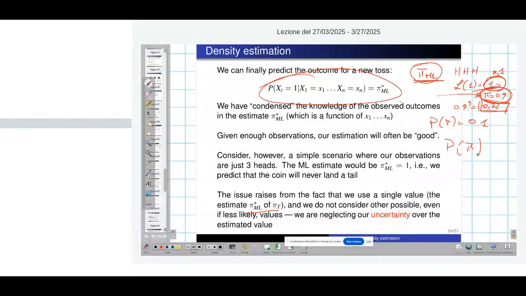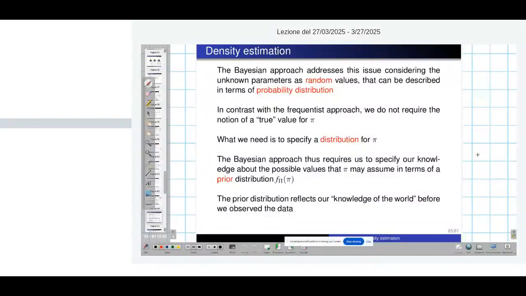What is the probability that pi is 0.8? And so on. Now, we will not see this in detail, but essentially what the Bayesian world would do is treat pi as a random value that is associated to a random variable. So we have a random variable that describes the model parameter pi.